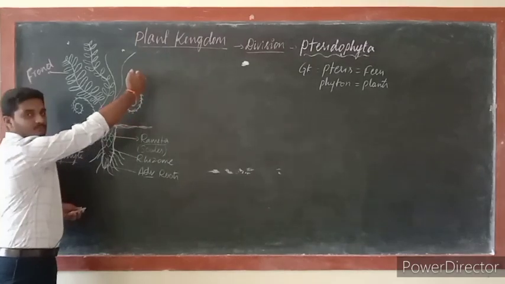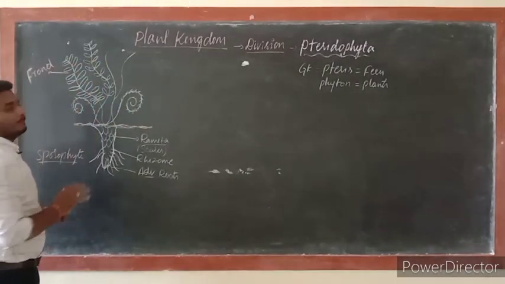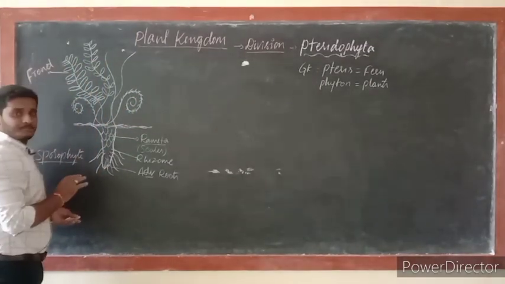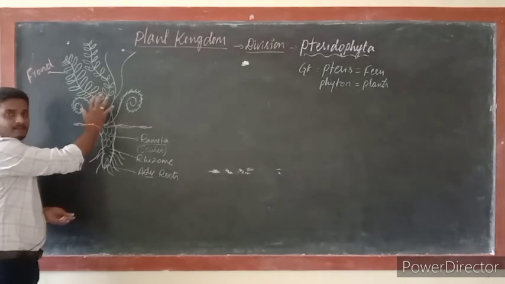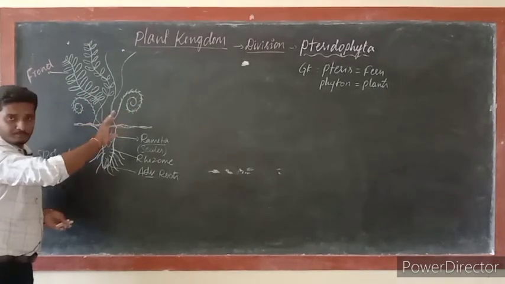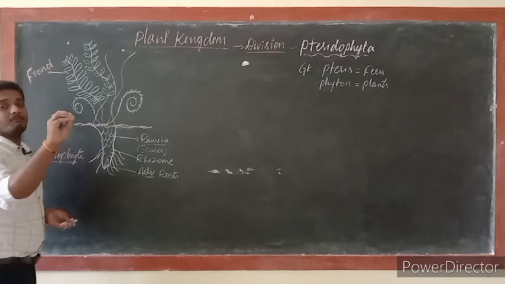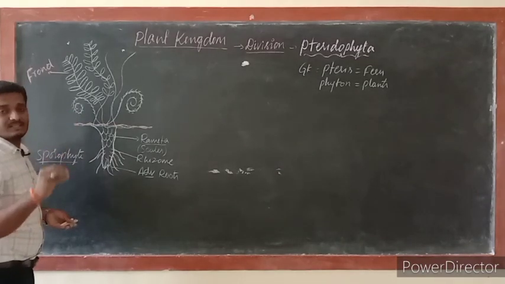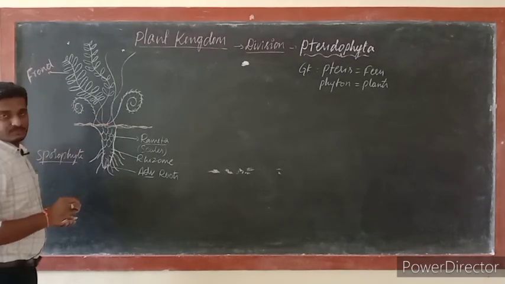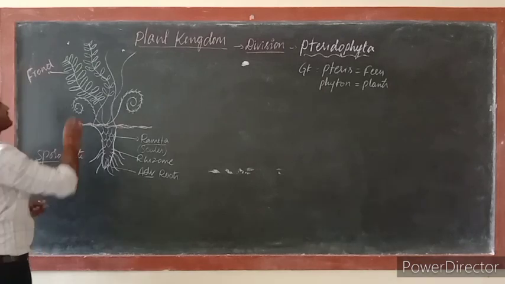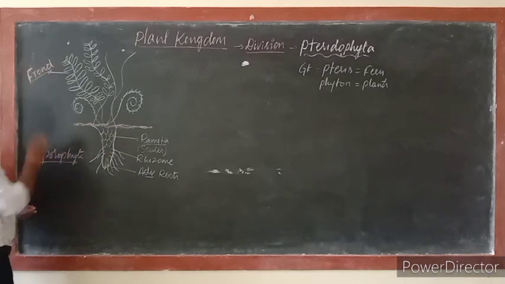Above the soil surface, we can find the presence of leaves. See, for example, this is a fern. Previously I told you ferns have megasporophylls, meaning the leaves are large. These leaves are called fronds.